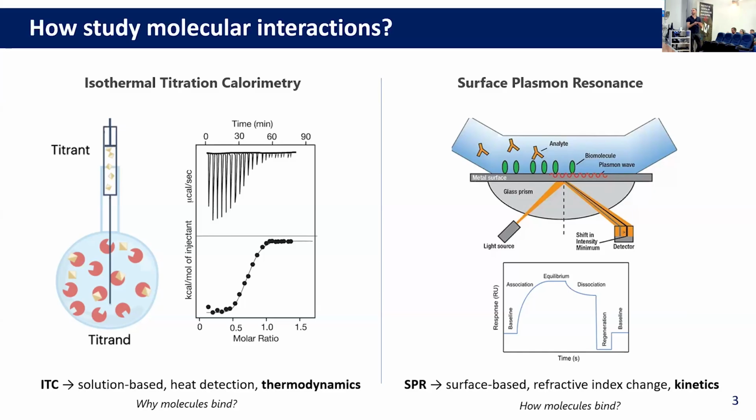And later we're going to talk about surface plasmon resonance, or SPR, which is a surface-based technique that gives us information about the kinetics, or how strongly these molecules bind. We're going to talk about how they work, then a couple of examples for each, and then why one of them might suit you better than the other, their advantages and limitations.